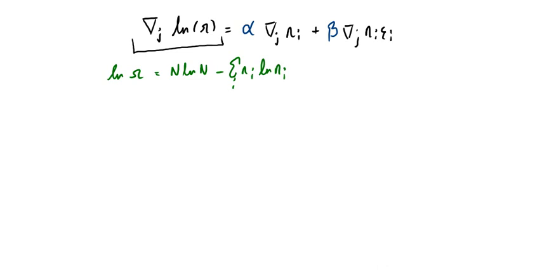So the gradient is basically the partial with respect to n_j of ln omega.